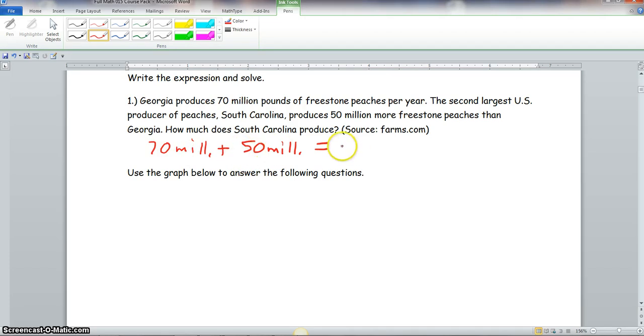Now we know 70 plus 50 is 120, so it'd be 120 million. Now, if we were to write this out, it would be 120,000,000. So it'd be 120 million peaches.